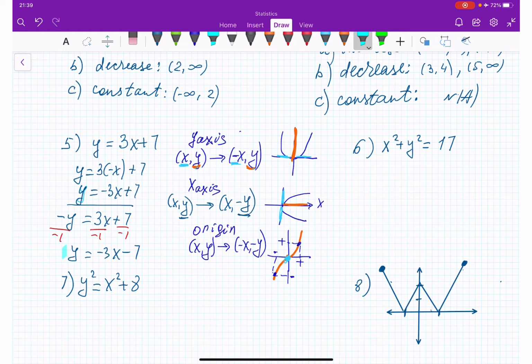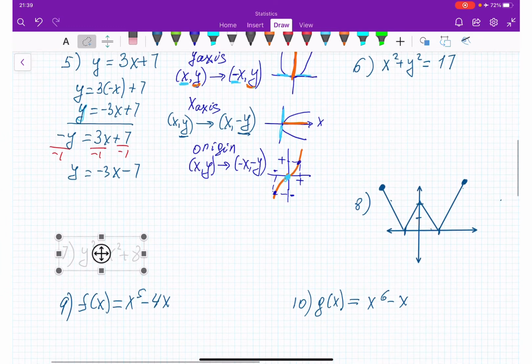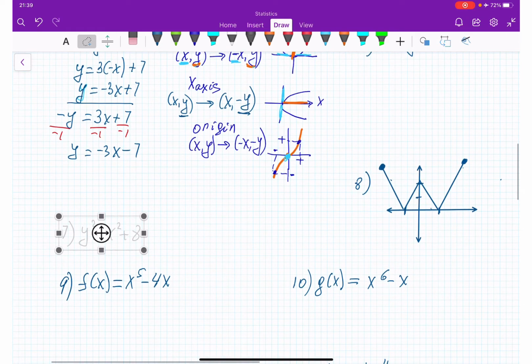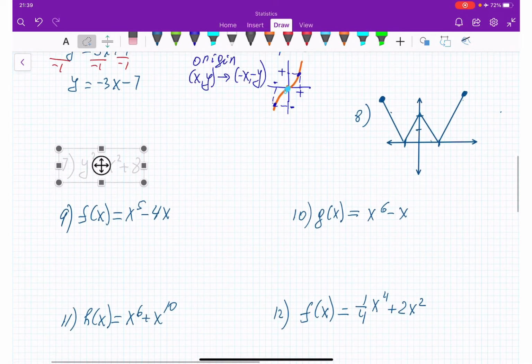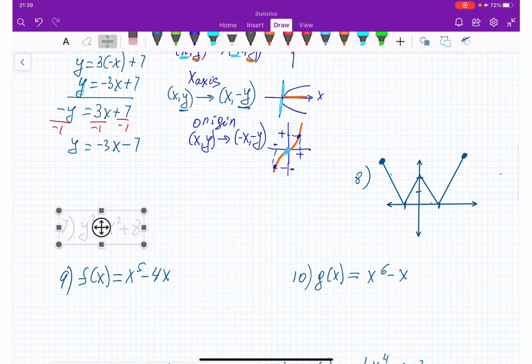The equation we got does not match our original one, which means it's not symmetric to the x-axis. Now we need to check the origin. Let's check the origin.